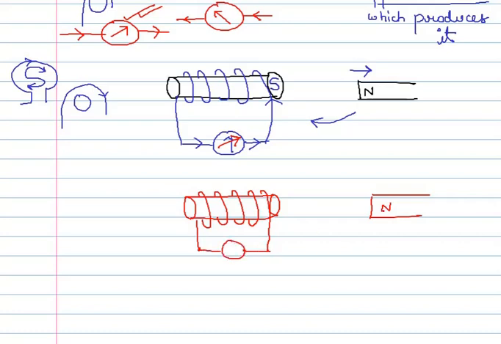So it might happen the magnet is completely at rest and the coil is being moved towards the left with a velocity v. So apply Lenz's law. You are taking the coil away, so it will be opposed. So there has to be attraction. So this side will act as south pole. So direction of current will be clockwise, and the galvanometer will deflect to the right. So either of these is possible.